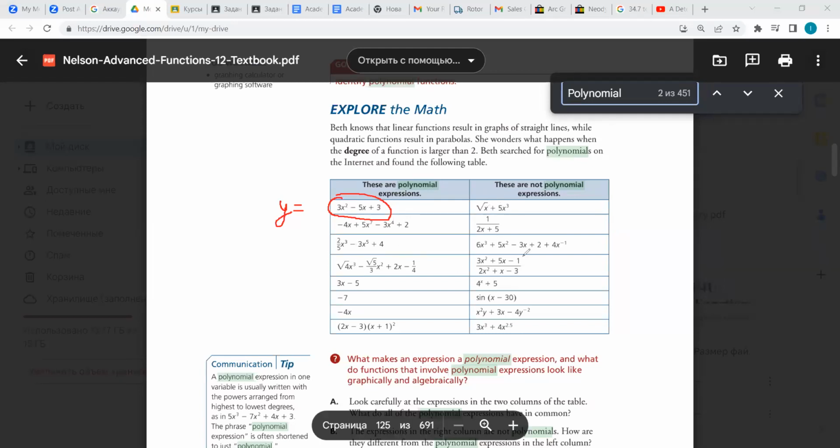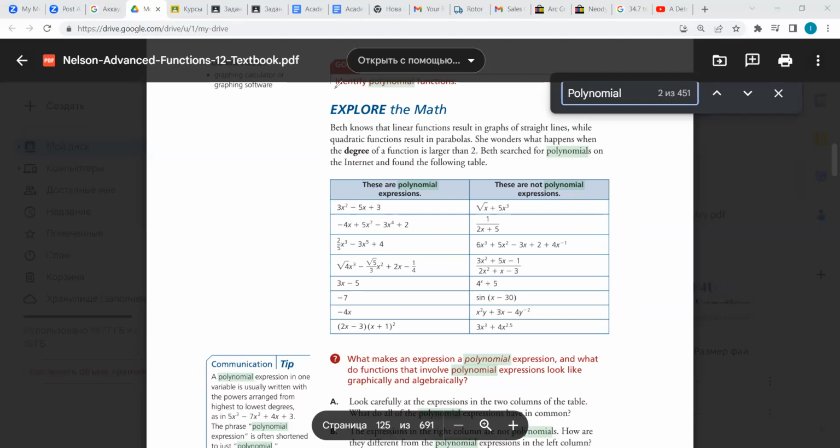If you take a look at the table on the right-hand side, in the second example from the bottom, we have x and y variables combined together, which means this expression cannot be called a polynomial. So these are differences and similarities that we can see right away.